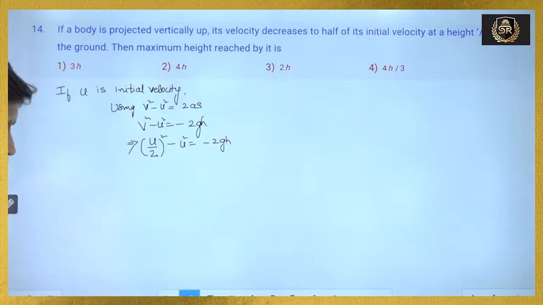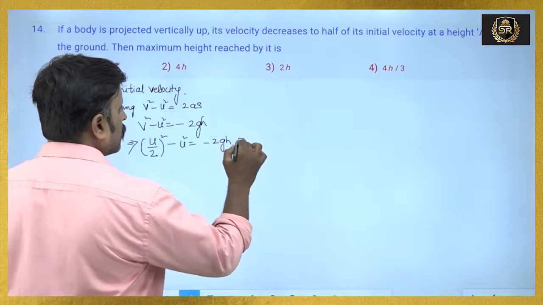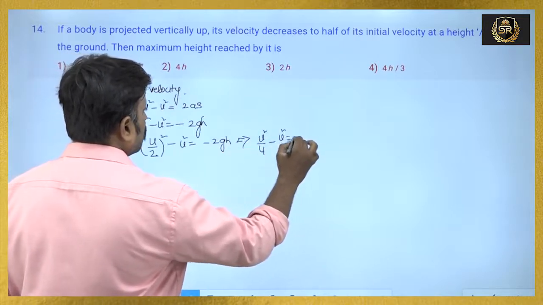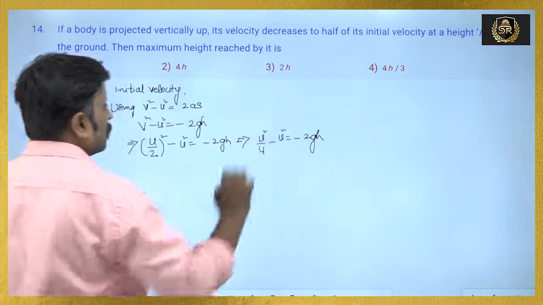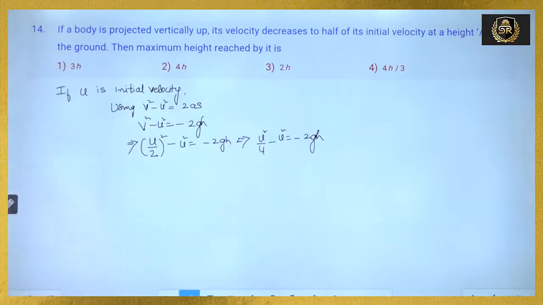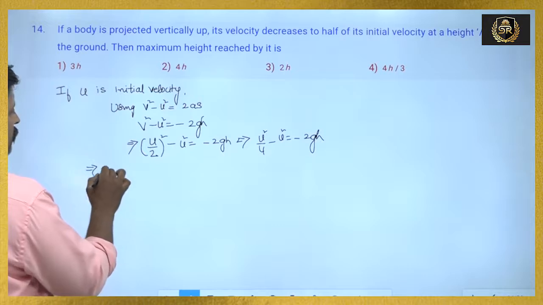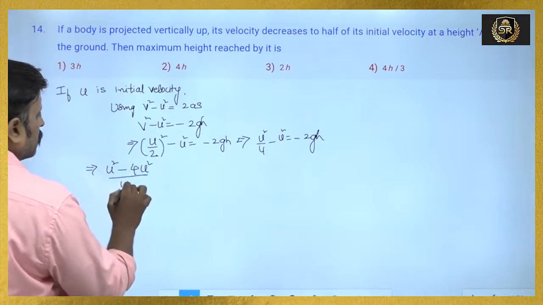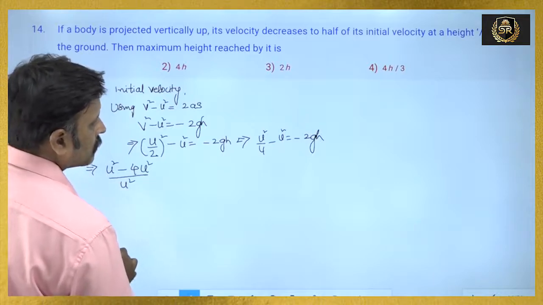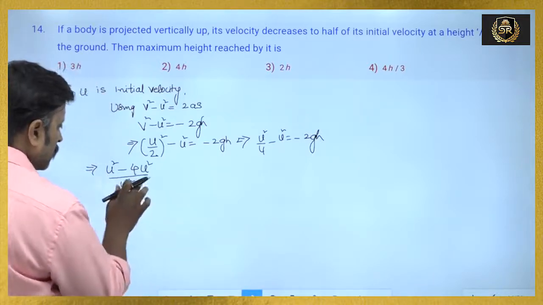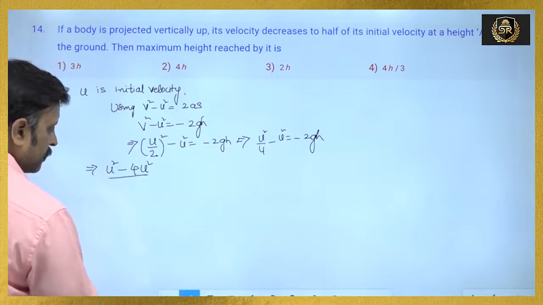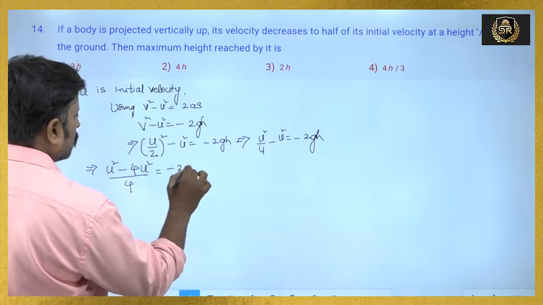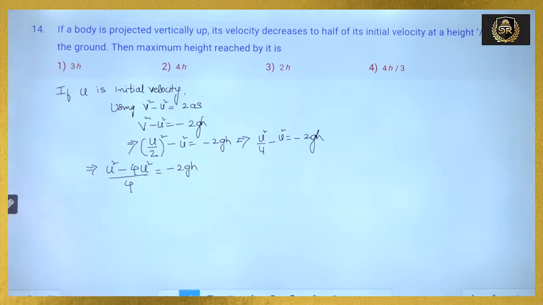Is it clear? This how much it is? u square by 4 minus u square is equal to minus 2gh. On left side, if you take LCM, LCM is 4, you get u square minus 4u square by 4 is equal to minus 2gh.